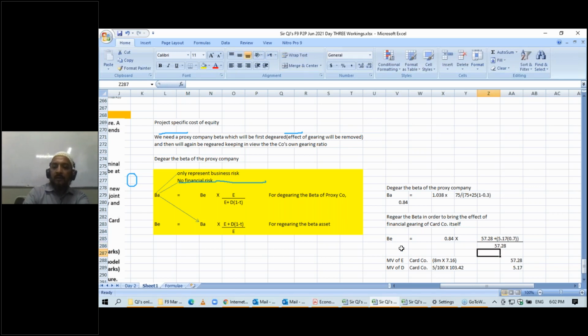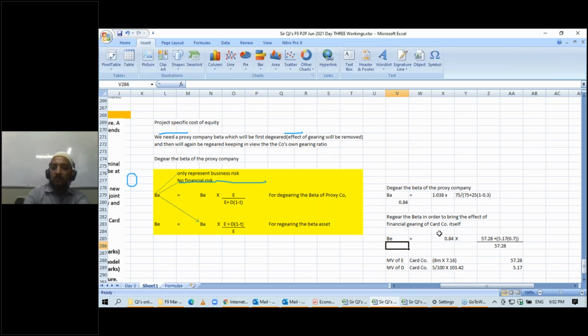This gives you again a geared beta. So now the financial risk has been added to 0.84, which was just representing the business risk only. So this 0.84 represents business risk only.